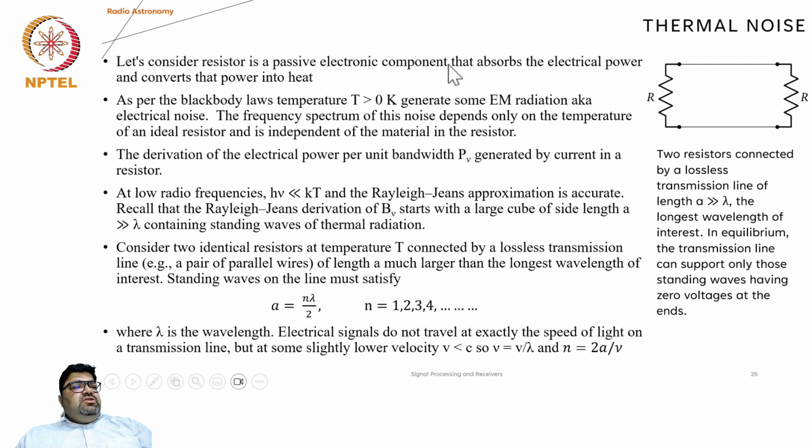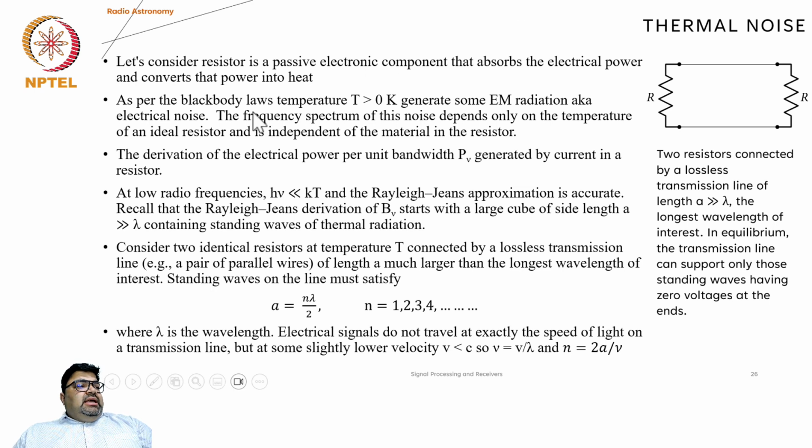Now, how do we characterize this thermal noise? Let's go back a little bit and start from the place where we left the discussion of the black body and the Rayleigh-Jeans law. Let's consider a resistor, a passive electronic component that absorbs electrical power and converts that power into heat, simply Joule heating.